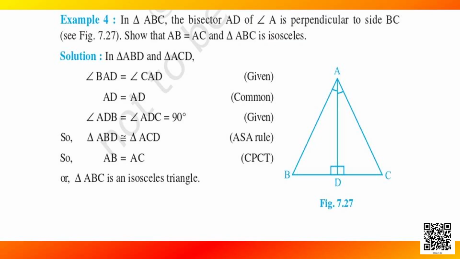Students, let us discuss example 4. What it says? It says in triangle ABC, the bisector AD of angle A is perpendicular to side BC. Show that AB is equal to AC and triangle ABC is isosceles. So let me draw the diagram as it is given in your book.